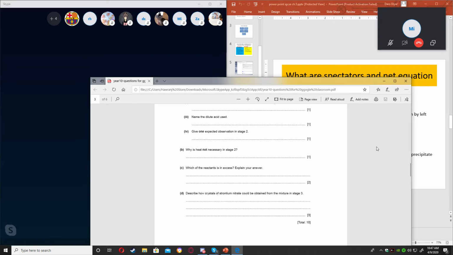When we dry out the residue, then we will have the crystal. Yes. So drying out to get the crystal, which we call crystallization. Okay, crystallization. Is it clear?